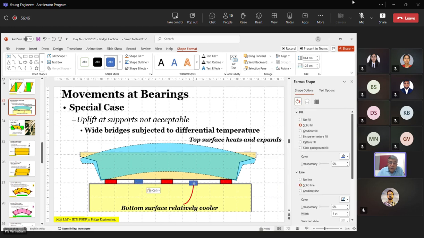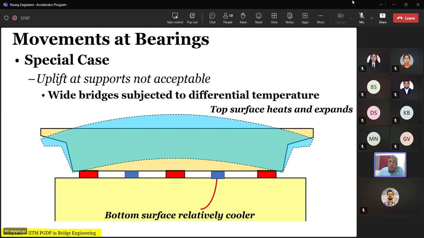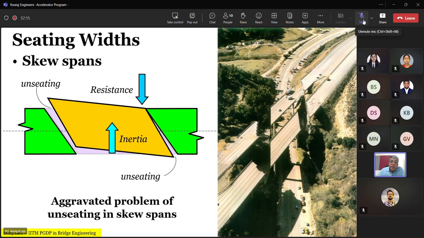It might be worthwhile going for these two, the blue type of bearing, and remove the 3 red, so that you always have the loads on the bearing. But what it would mean is maybe at the bearing support you need to strengthen your bridge deck. So quite often your choice of the bearings will depend on being very judicious. So differential temperature will lead to unseating from the bearing. So this special case, the joint also you need to be very careful about.